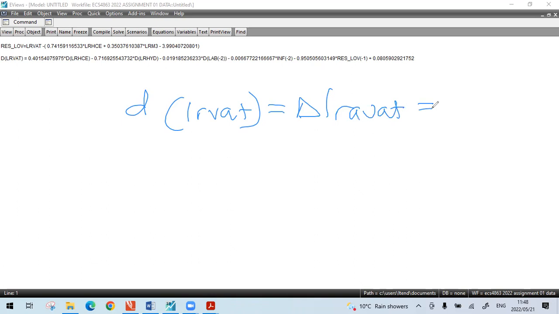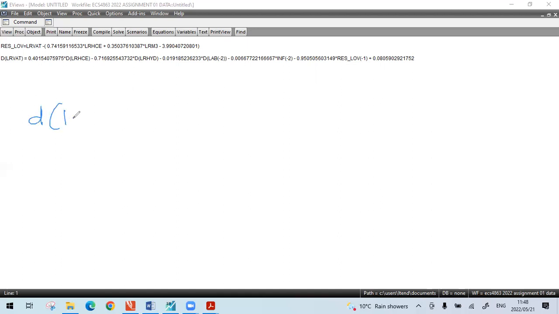What is change in LRVAT? Let me write it down here. Sorry for the space. I'm saying, what is DLRVAT? This is the same as change in LRVAT for this period.